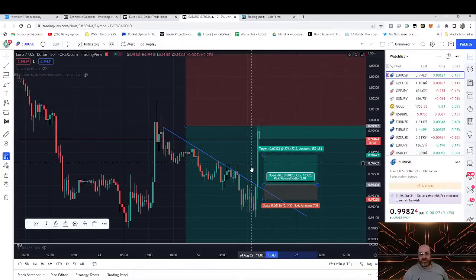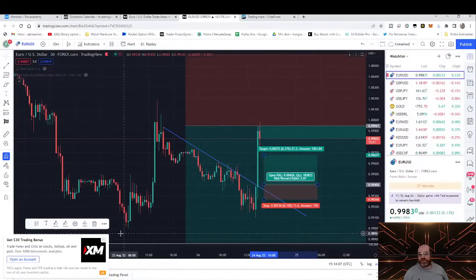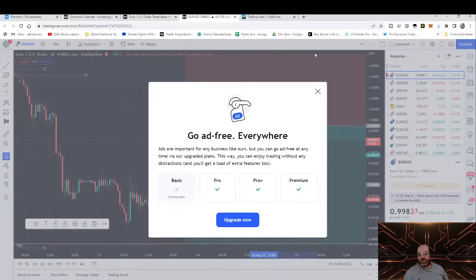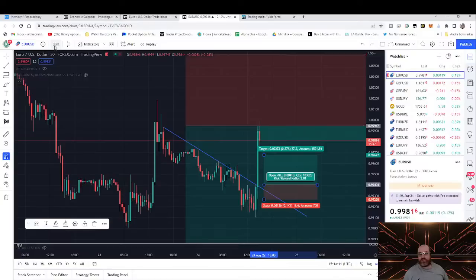So just so you see the importance to wait till news are done, because in this case you would have been golden because you would go your way, but sometimes it can go another way and you get your stop loss hit. So like I said, if you're a day trader, it means you're looking at the smaller time frames, like 30 minutes, 15 minutes, something like that, even 5 minutes.